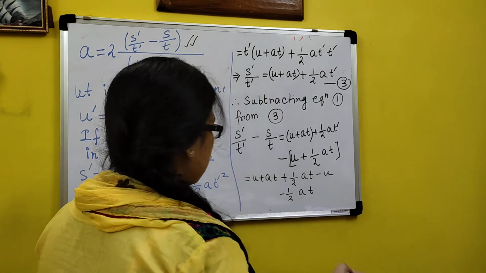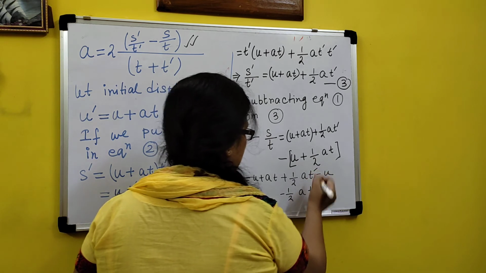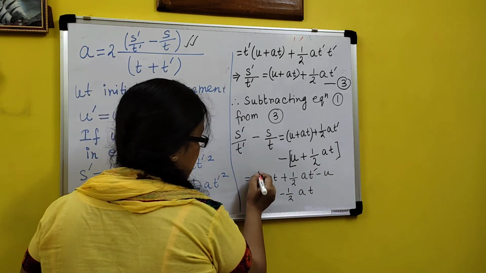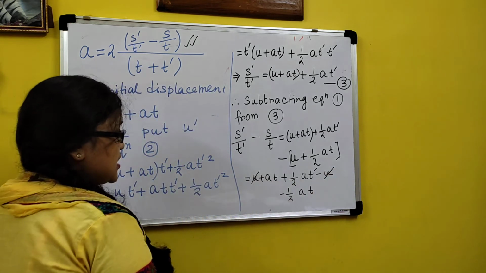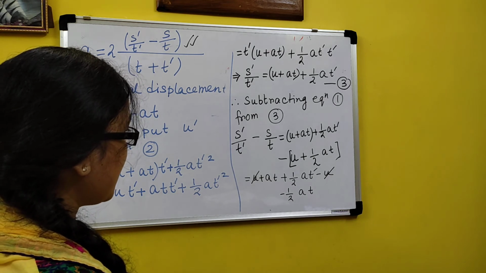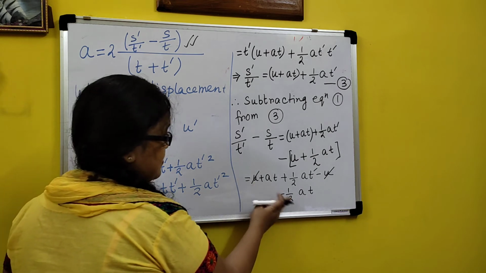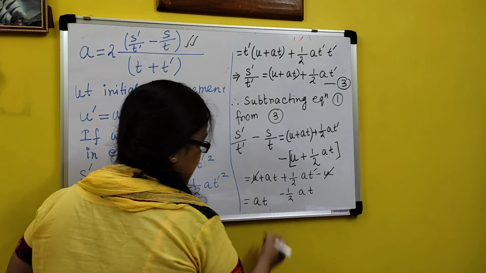Okay, I missed something here, some prime or something, at t prime I missed. Okay, so what I am having, see, this will be cancelled out, u cancel out without any confusion. I can cancel out this one. Another thing, we are having a half at. So at minus half at means only at will be there. Clear?